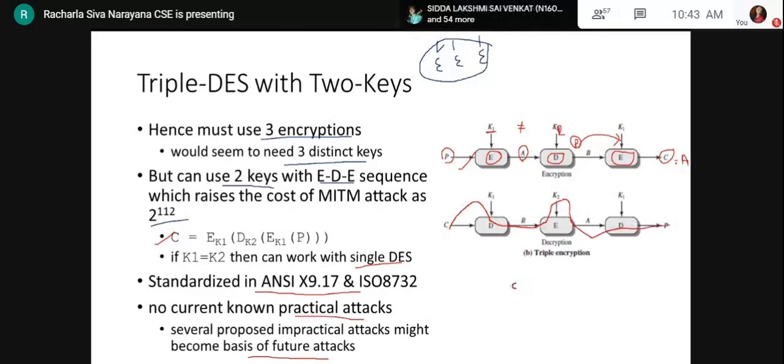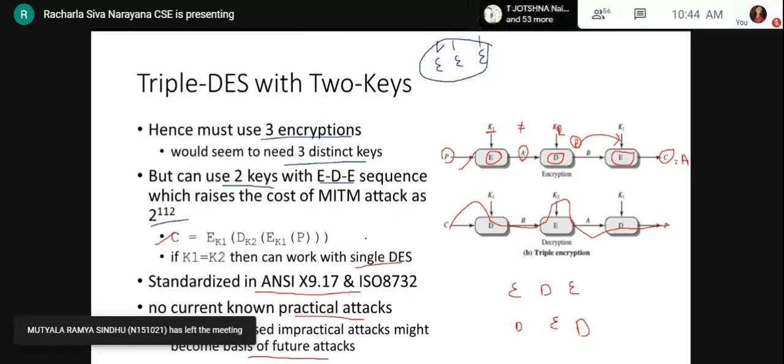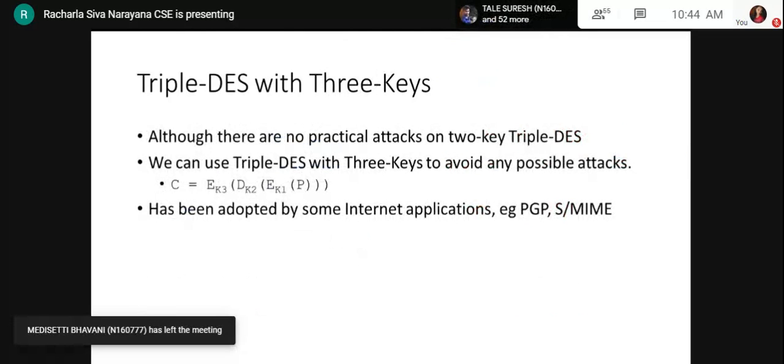If encryption is performed with the EDE sequence, then decryption is performed with DED. Here E means encryption, D means decryption. So these are triple DES with two different keys and triple DES with three different keys.